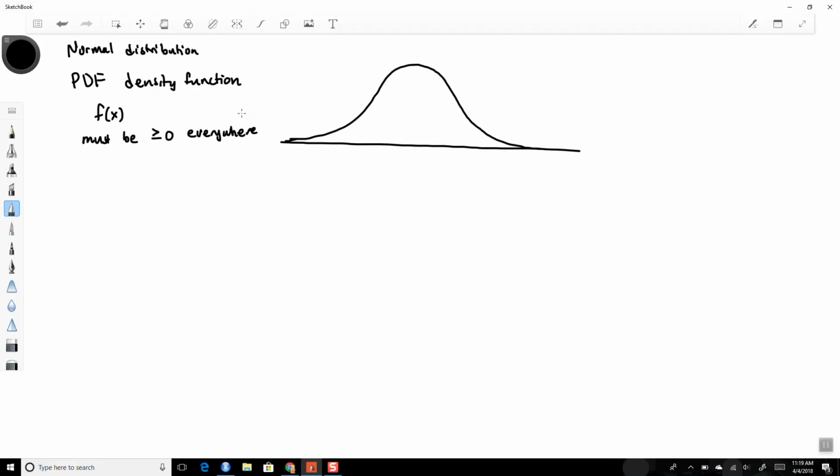The other rule is that the integral from negative infinity to infinity of f of x has to equal 1. That's pretty much the only rule. And in R, this is basically dnorm of x.